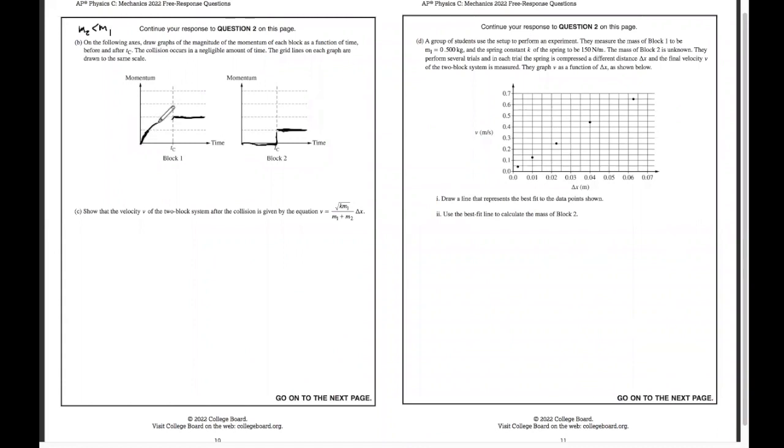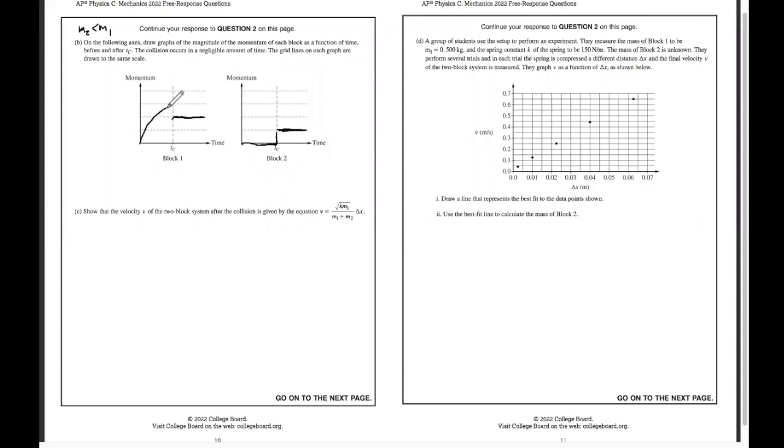Instead, what I would expect is something like the first quarter of a sine function, where the velocity starts off at 0 and then increases to a maximum. I actually did draw that incorrectly, because it's not going to just gradually increase and then all of a sudden stop at the same momentum.